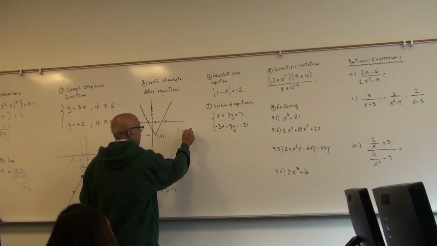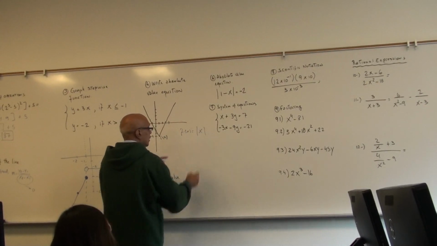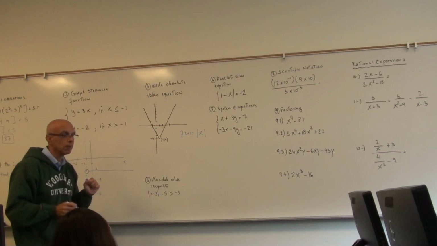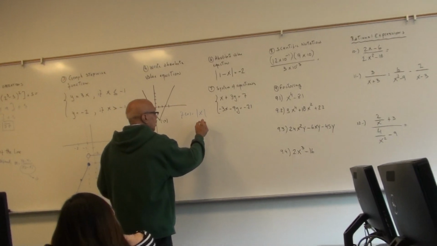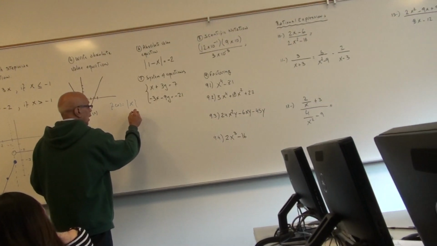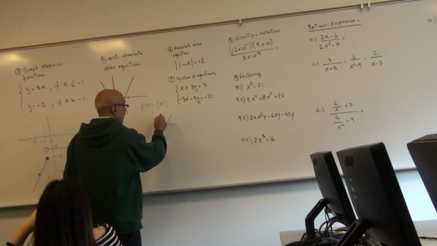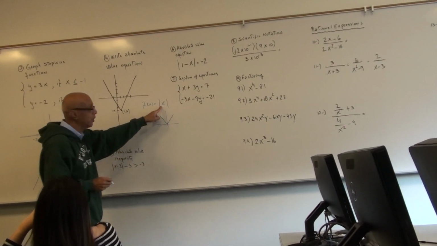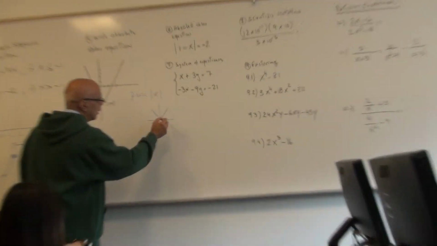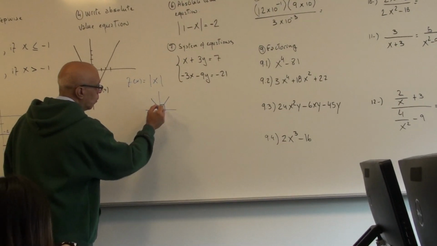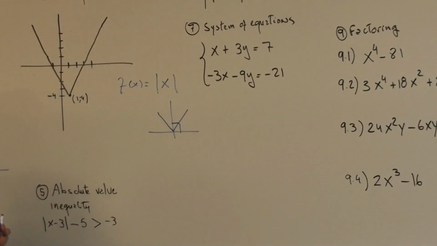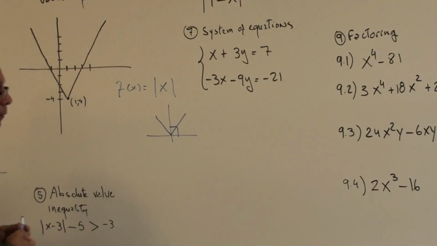f of x equals absolute value of x. This is the basic one, right? If I were to graph this one, I would write like this right away, okay? So the slope here is 1, so that means this is 1 and 1 right here. It's a v, a 45 degrees v, okay?